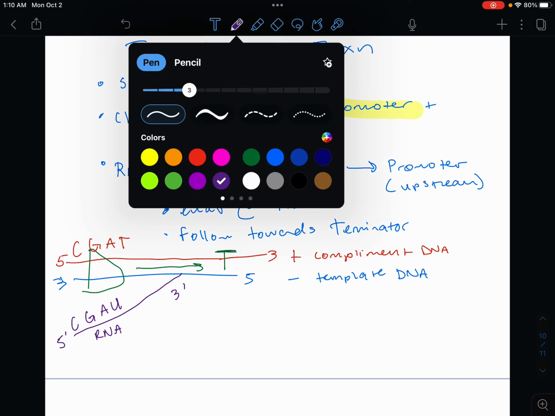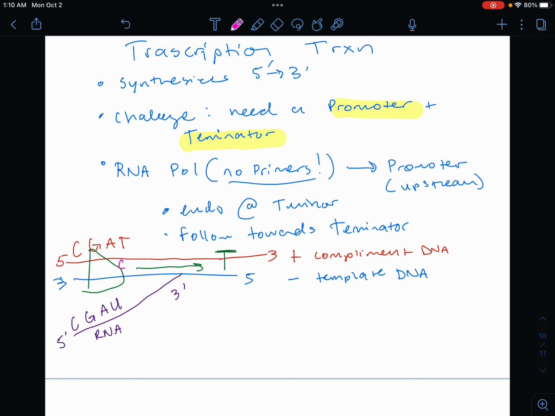You must be wondering, there's also something called a sigma factor, right? Yes, there's a sigma factor in bacterial transcription, and we'll get into that in a bit.